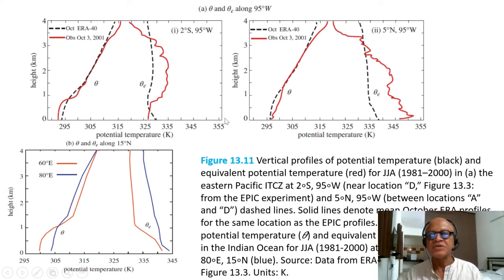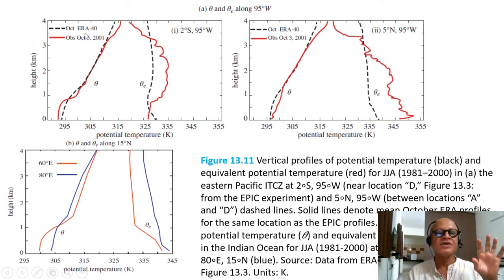This is an example. We're looking here at the vertical profiles averaged over 1981 to 2000. The red line is the observed values, and this is for the Pacific, just south of the equator in the eastern Pacific. It is in the heart of the cold tongue, and this is north near the ITCZ, 95 west, so it's in October, so it's basically in the ITCZ.